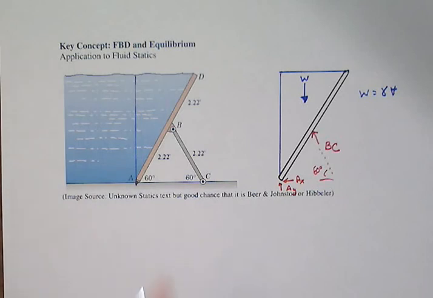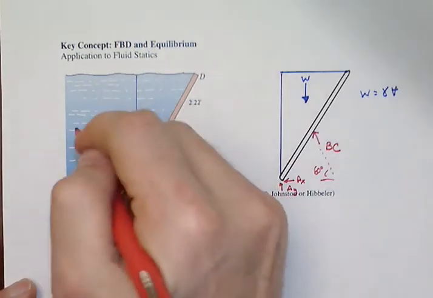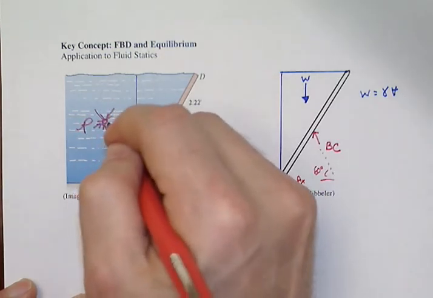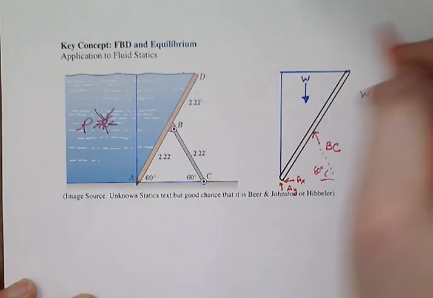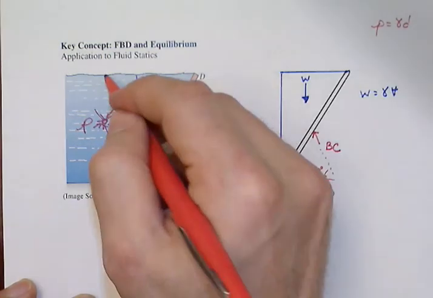And then remember that our pressure variation at any point, P, and really that's pressure, all the rest of the water pressing in on that point, pressure is equal to gamma times our depth, wherever we're at, how far we're deep.